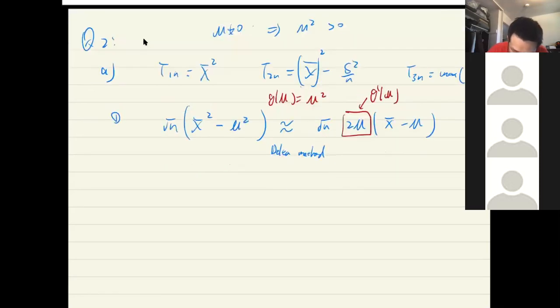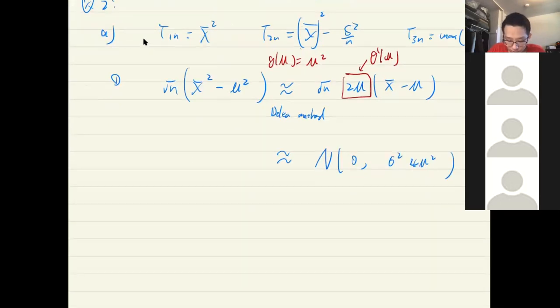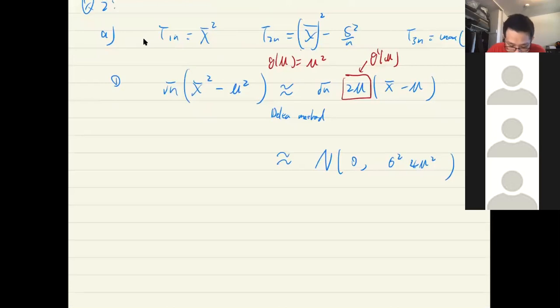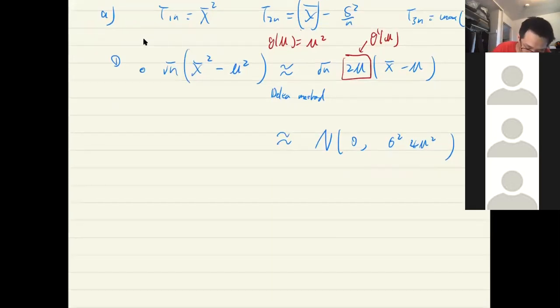So this can be approximated by the standard normal distribution with variance sigma square times 4 mu square. And what I want to show here is that the square root of n times T1n minus T2n will converge to 0.